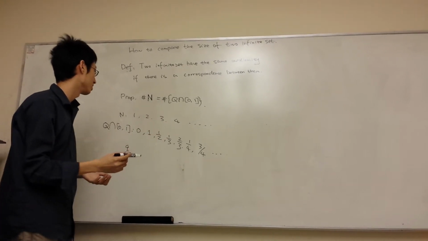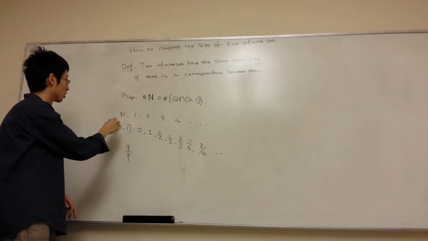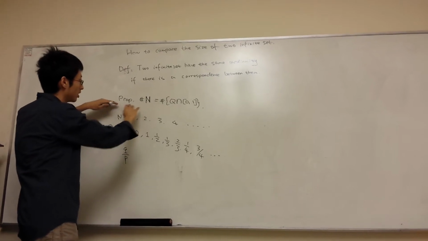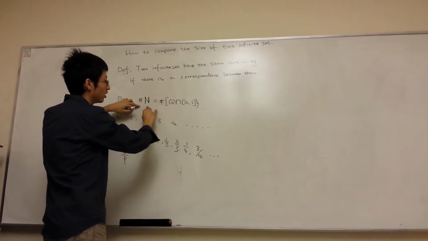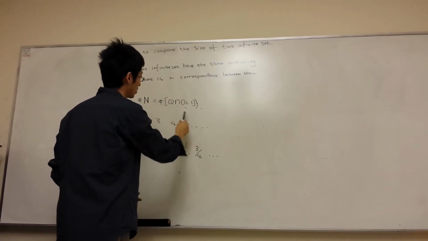We find the correspondence between N and Q intersected with [0, 1], and this proves our proposition: the number of natural numbers is equal to the number of rational numbers in [0, 1].